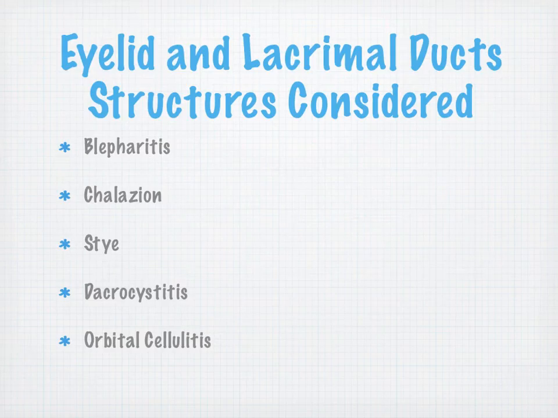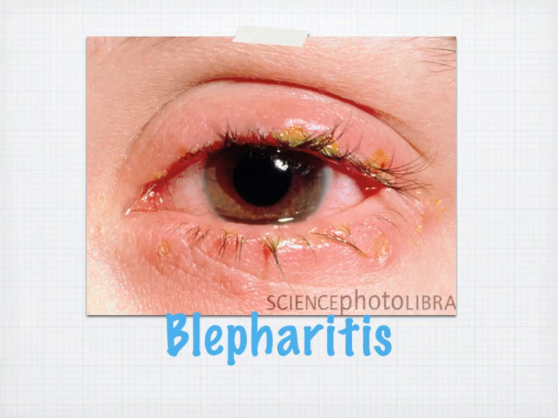So what are the conditions that we're going to talk about relative to eyelid and lacrimal duct structures? Well, we're going to talk about blepharitis, chalazion, stye, dacryocystitis, and orbital cellulitis. And beginning with blepharitis, that's such a beautiful picture.